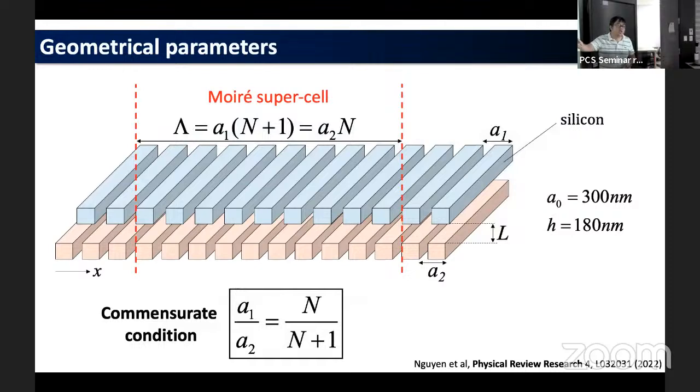Each time you change n, you have a new moiré pattern. But throughout, for example, one parameter set, we will keep n constant and we will vary, for instance, the distance L or the filling fraction FF.